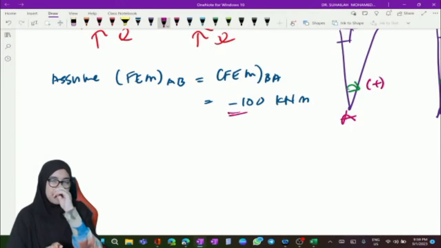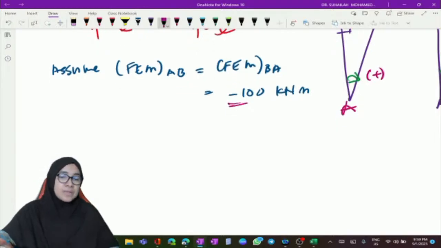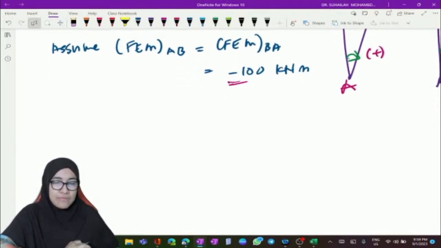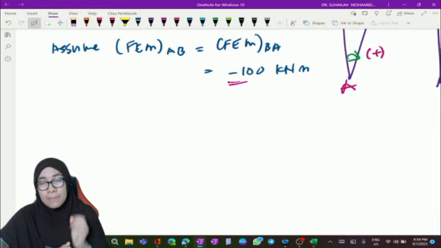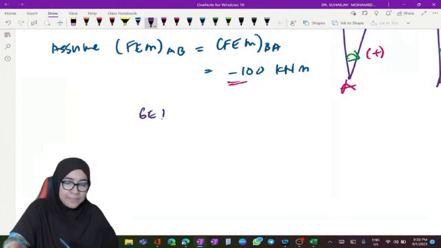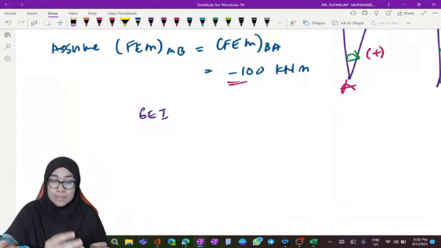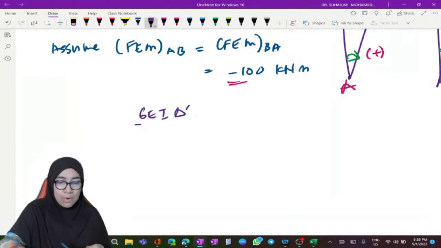So we focus on end fixed. The formula is 6EI delta prime over L squared. It is delta, but because of this delta prime, we put delta prime.